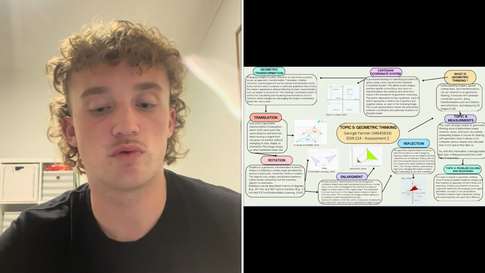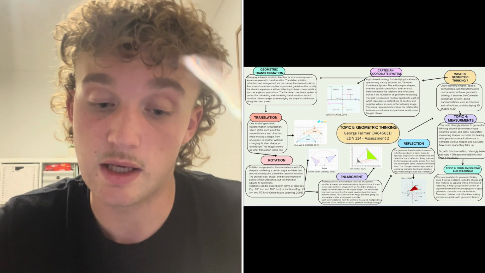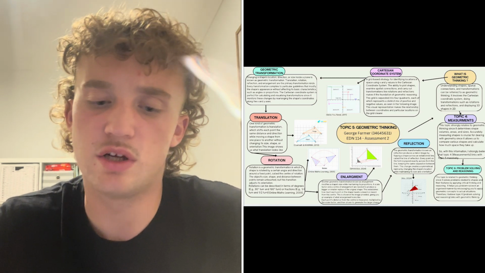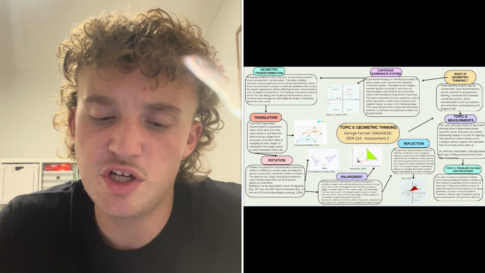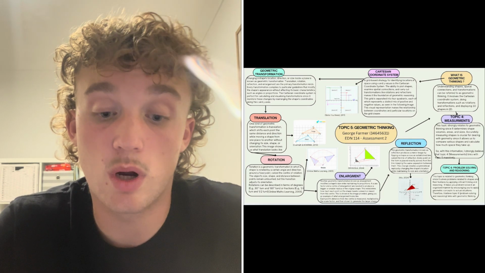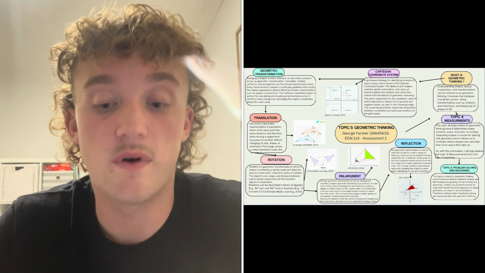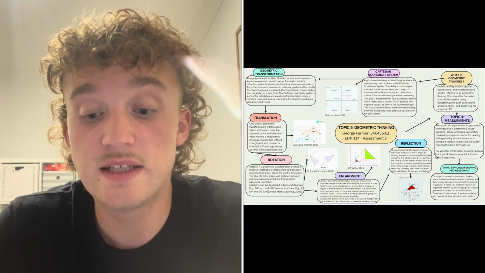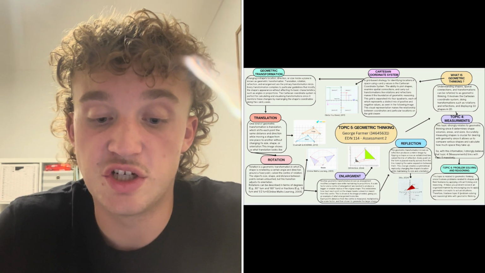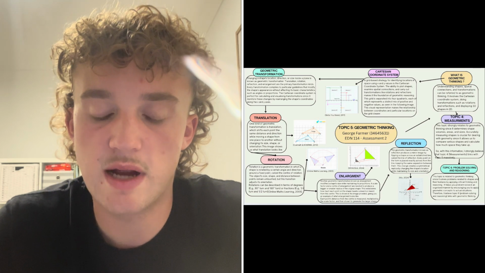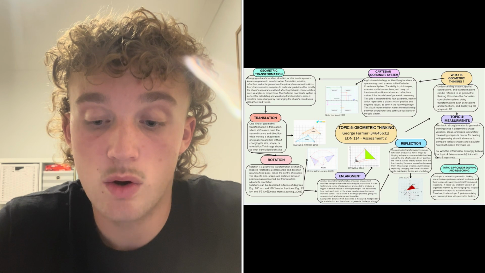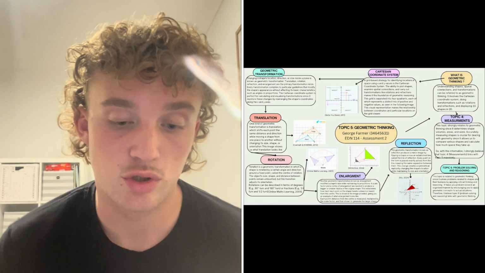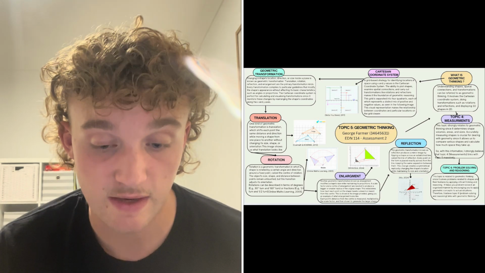Problem solving and reasoning in geometric thinking. Geometric thinking also ties closely to problem solving and reasoning. Many geometric problems require a series of logical steps to find solutions. This skill is essential when applying geometric concepts to practical challenges like determining how to move or transform shapes to fit into a given space.